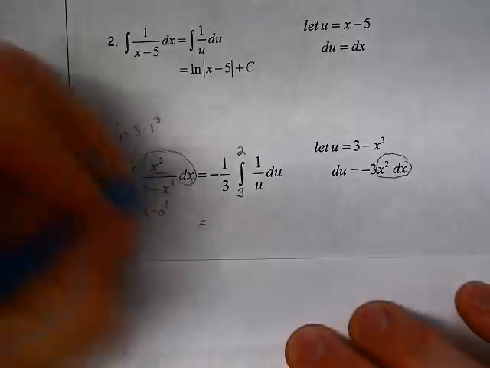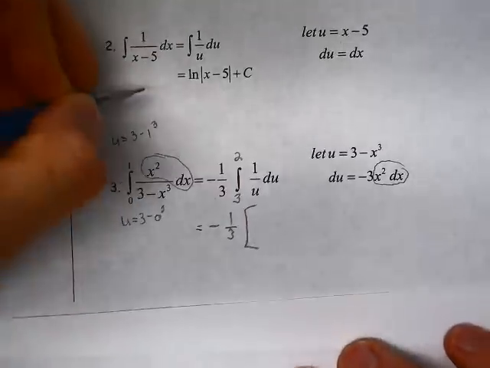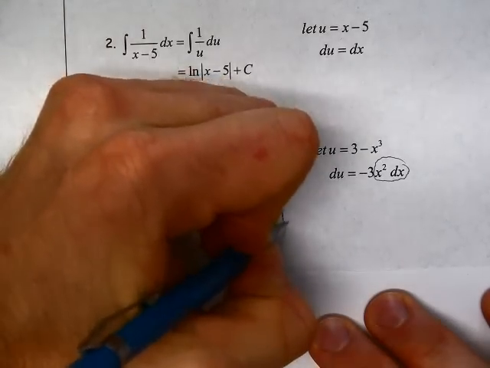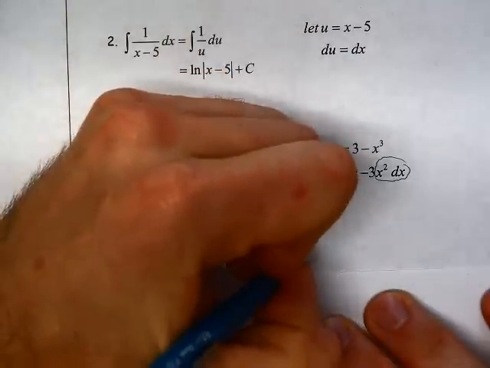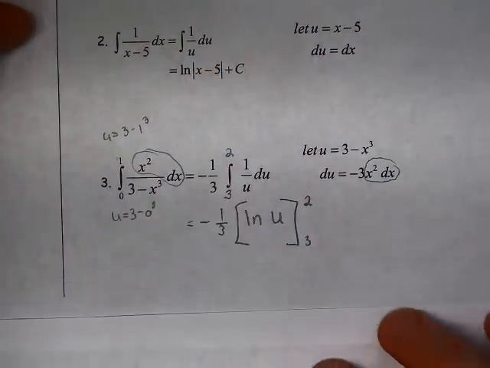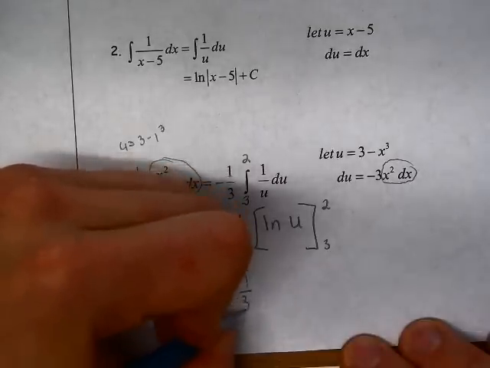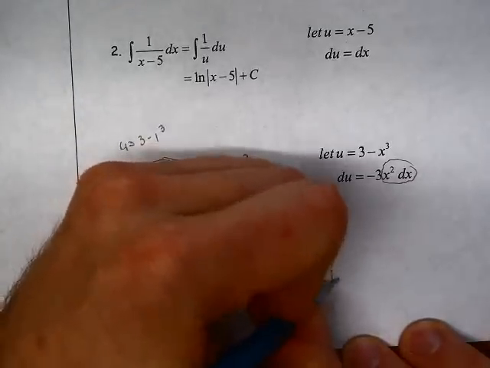Now when I actually do this integration, I just have negative 1/3 times the ln of u evaluated from 3 to 2. Negative 1/3 times ln of 2 minus ln of 3.